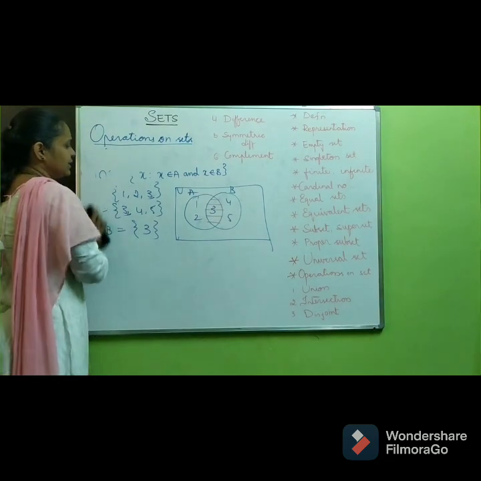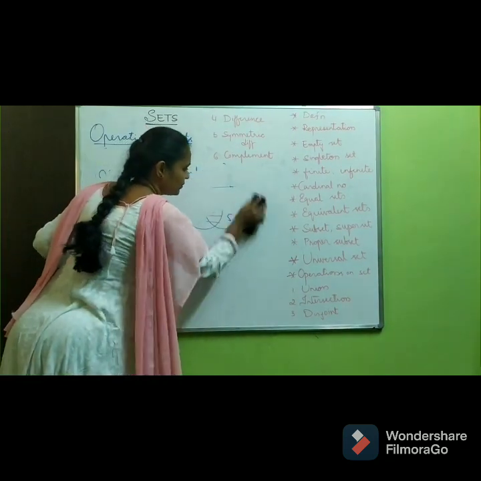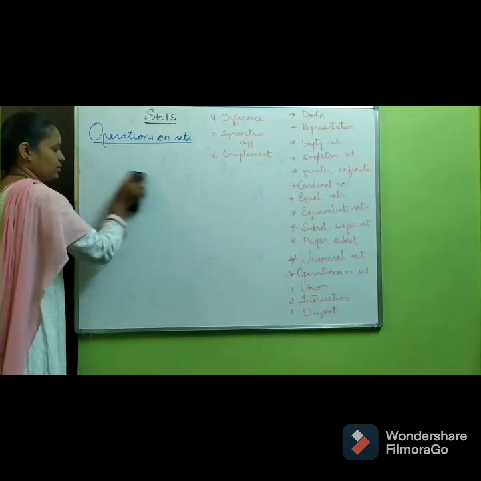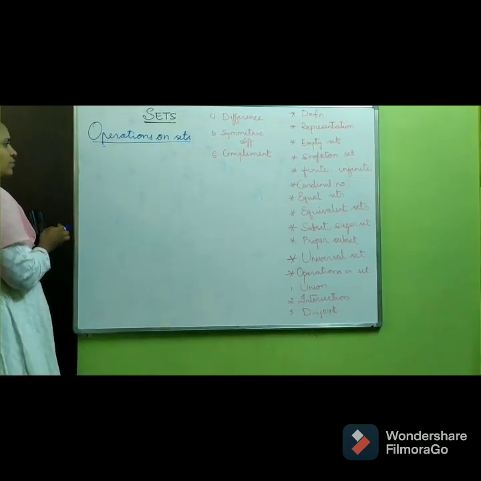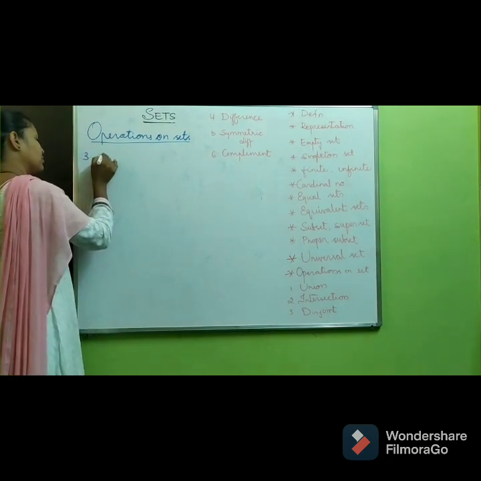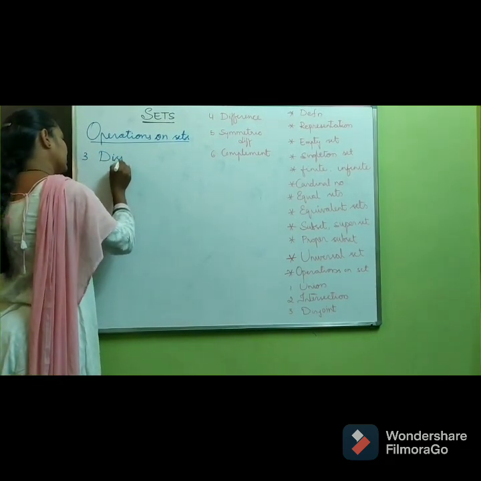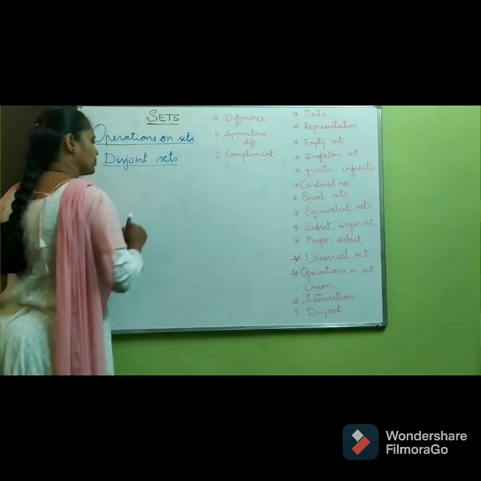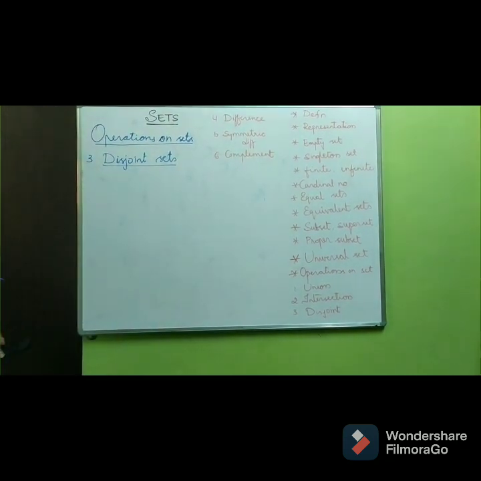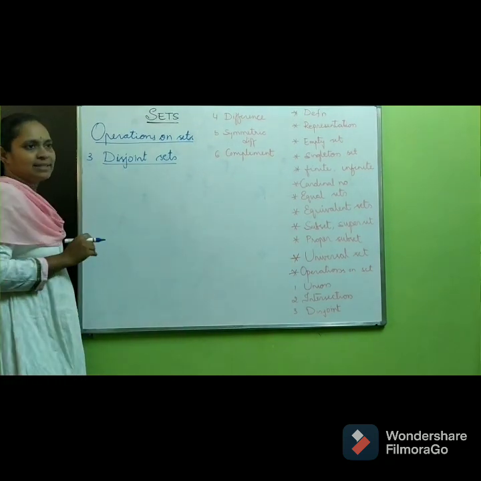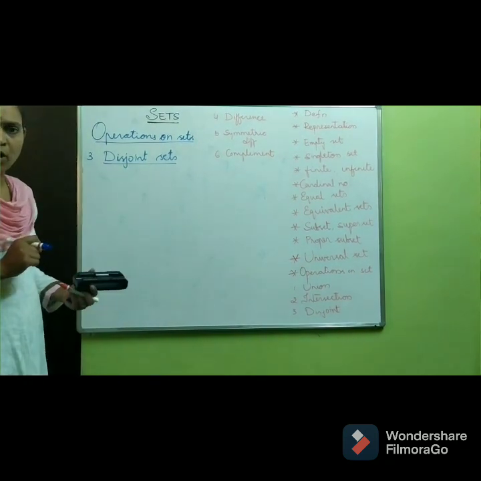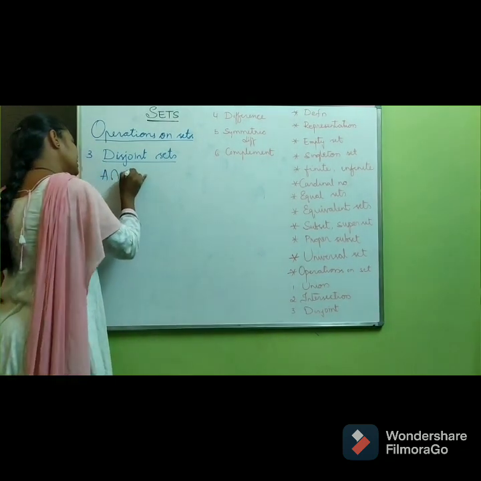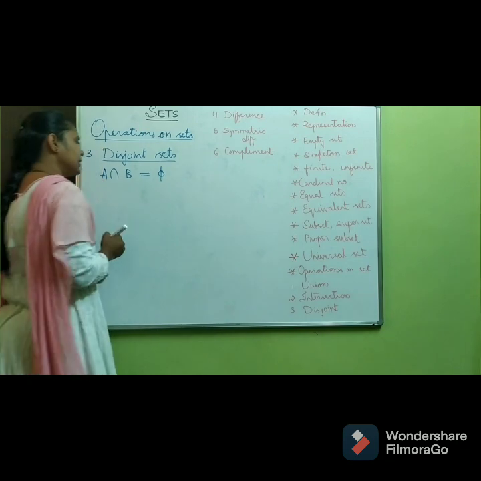Let me go for disjoint sets, the third one. Disjoint sets is nothing but sets that won't have any common element. That is, A intersection B is equal to the null set.